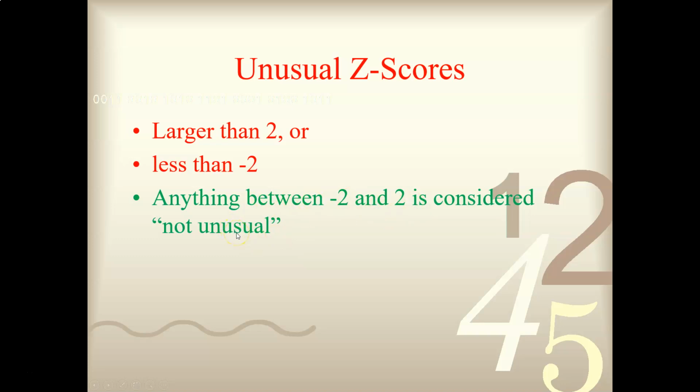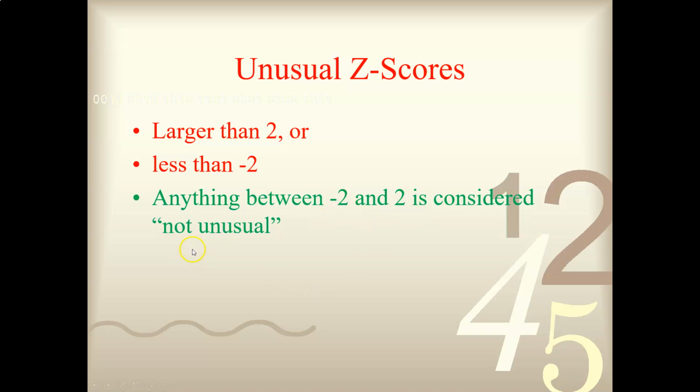Now, it doesn't mean that it's expected or common or whatever. These words are chosen very carefully. Unusual means that it's kind of a surprise to see it. Okay, anything between -2 and 2 is not unusual.